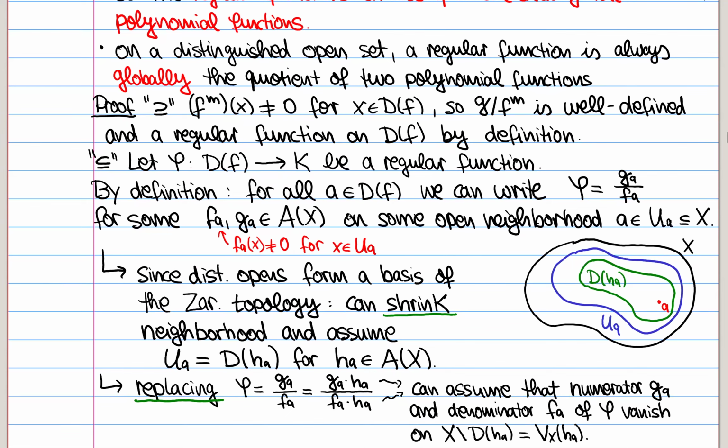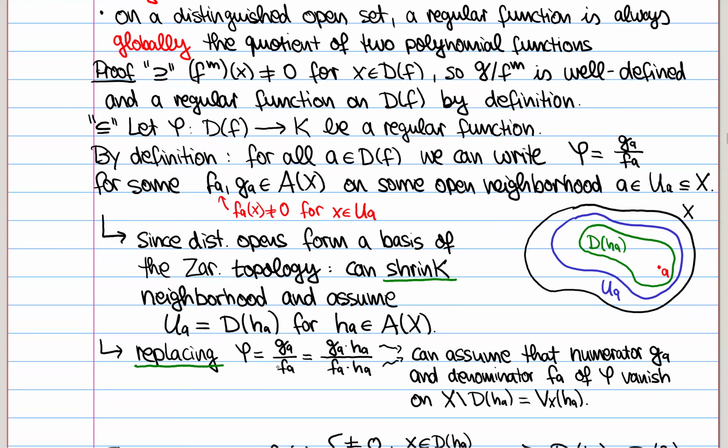And in this form here, we're always allowed to shrink our neighborhoods. So in other words, we can shrink the U_a and just assume that U_a is given by this distinguished open subset D(h_a). So that's the first step. From now on, we assume U_a is equal to D(h_a).